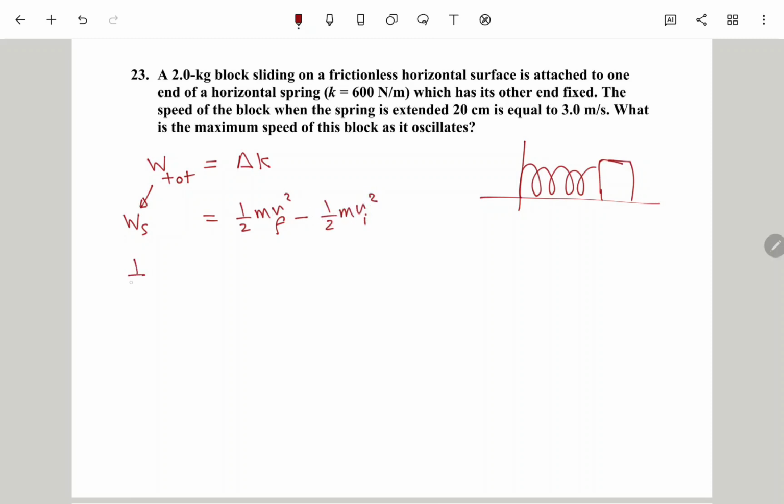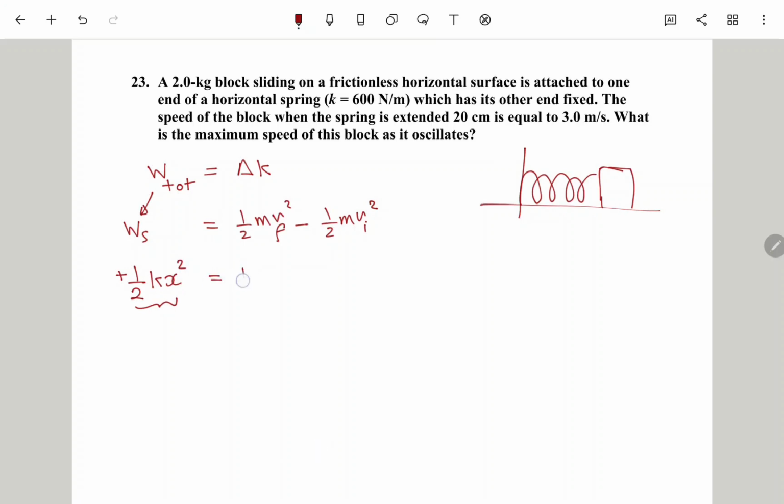Now half k x square, and this is positive because it's the initial potential energy of the spring, and the final potential energy is 0 because it passes through the relaxed position. Now this is positive, equal to half m V final square minus half m V initial square.